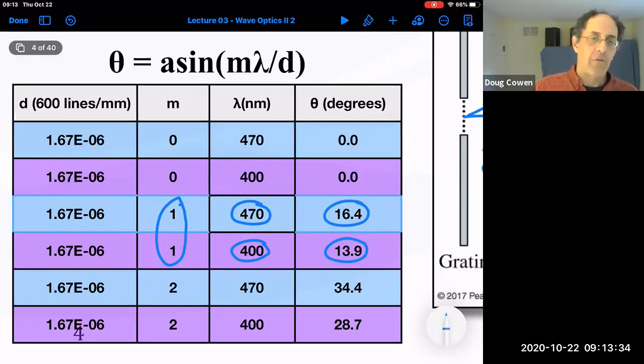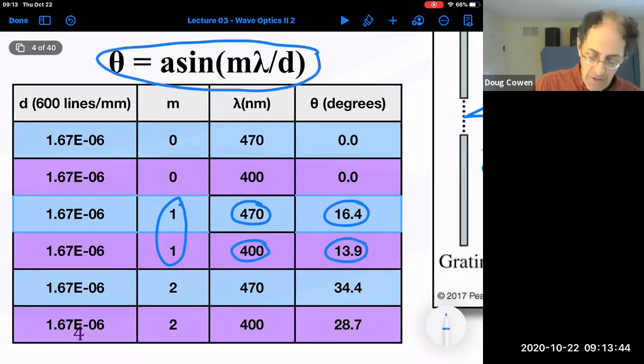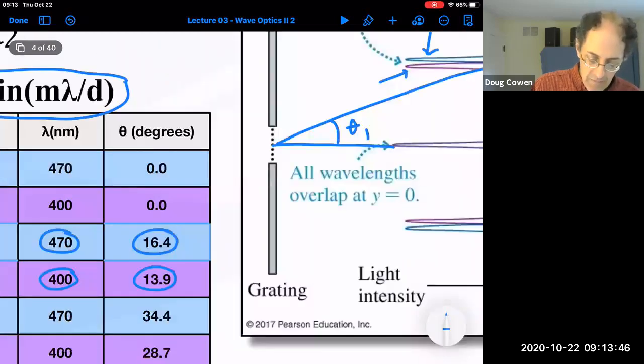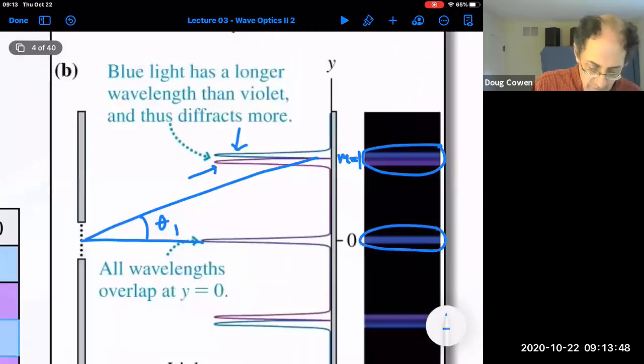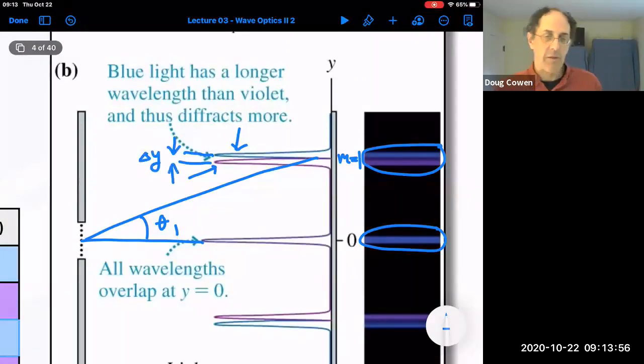And so at a faraway screen, a difference of a couple degrees in where the maximum is located due to this formula can give you a separation in the y dimension. So this separation between here and here is visible. It's sort of like a delta y there that is visible on the screen.